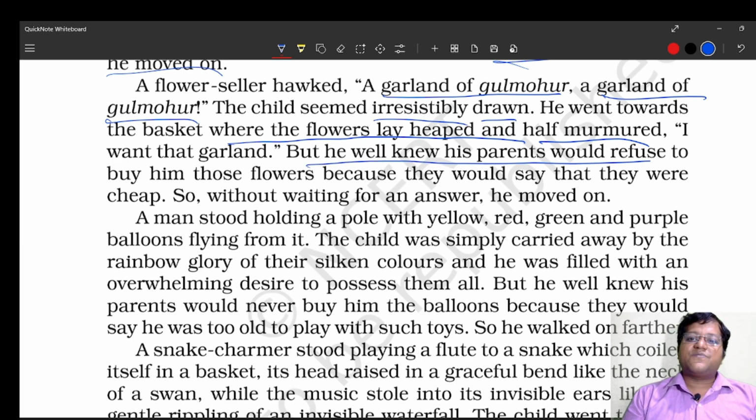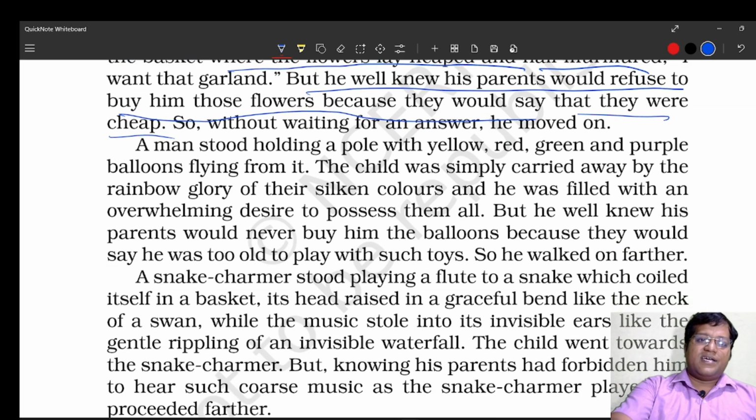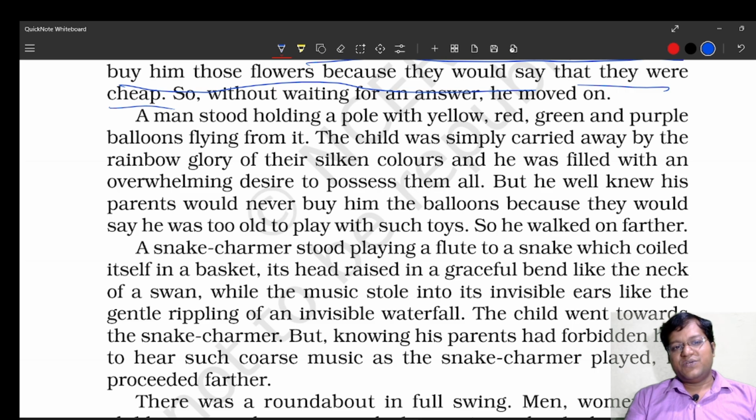But he well knew his parents would refuse to buy him those flowers because they would say they were cheap. The child knew that his parents would not give him the garland because they would say this garland is very cheap. So without waiting for an answer, he moved on.